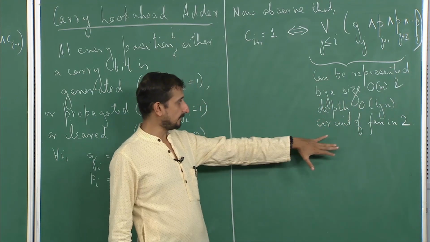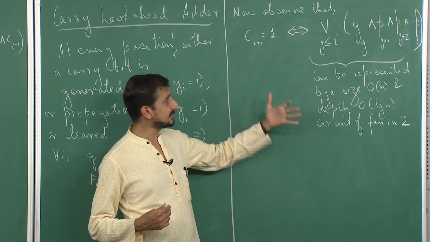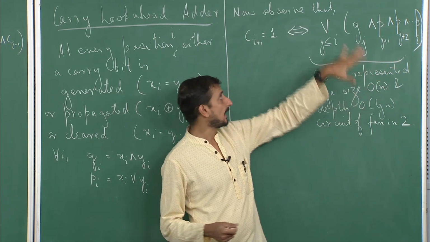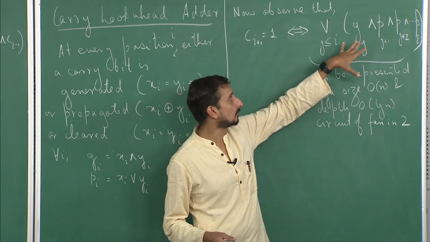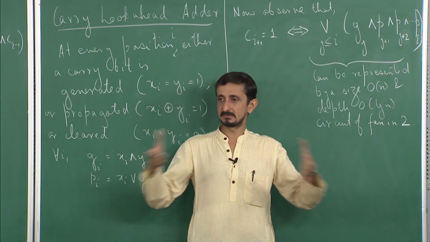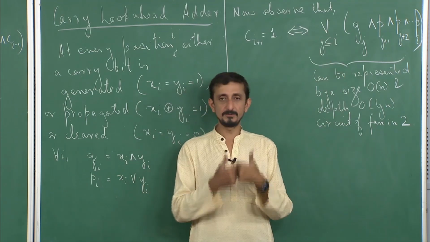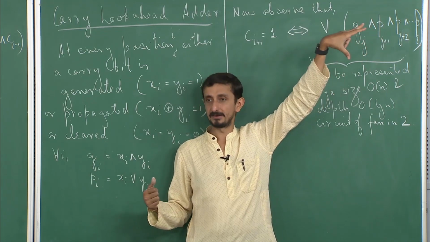So, if you actually want to be more precise over here, if you allow unbounded fan-in, that is, an AND gate which has fan-in as large as possible, and an OR gate which has fan-in as large as possible, then note that this can be done by just a depth 2 circuit.